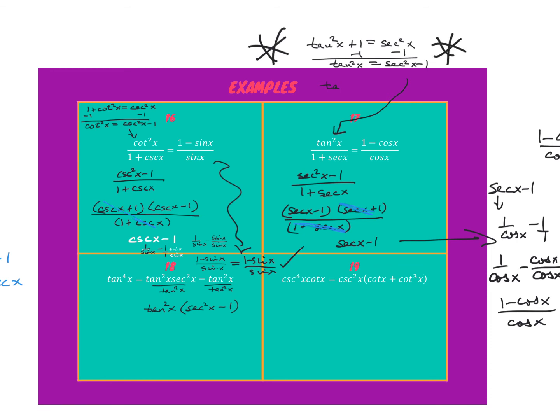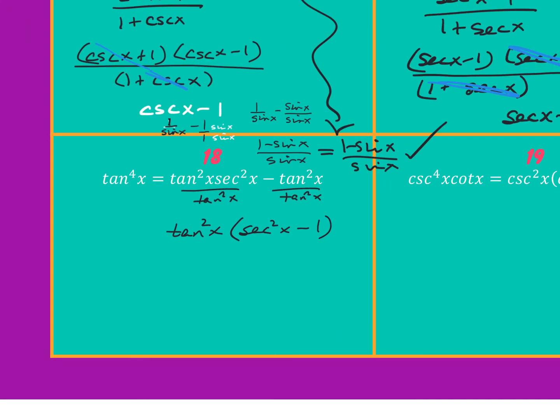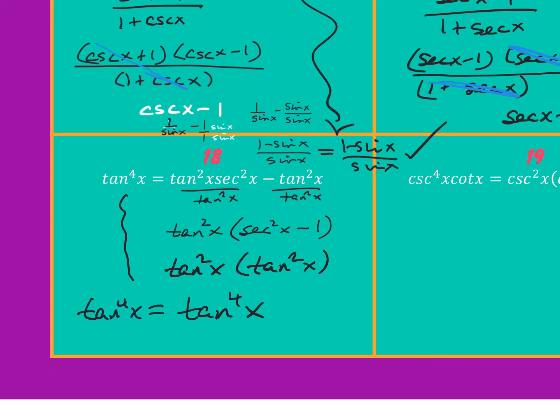So I'm going to replace secant squared x minus 1 with tangent squared x. So now I have tangent squared x times tangent squared x. When I multiply this, I add those exponents, and that's what it wanted me to equal it to. And I'm done.